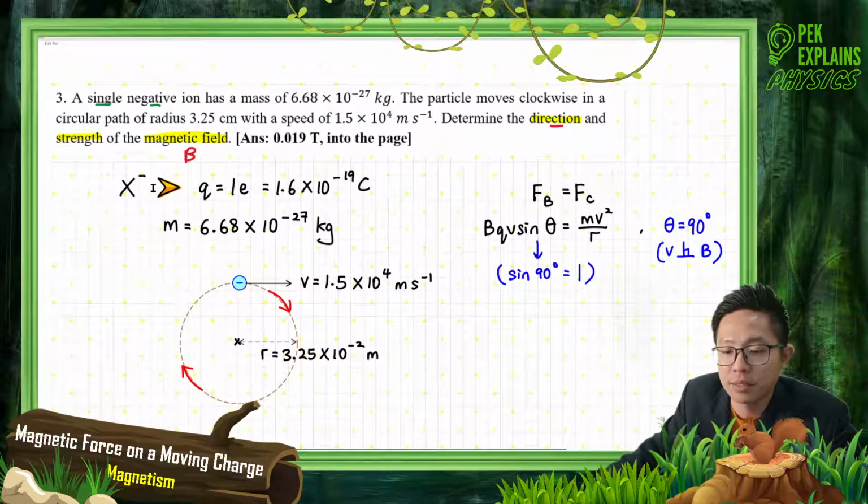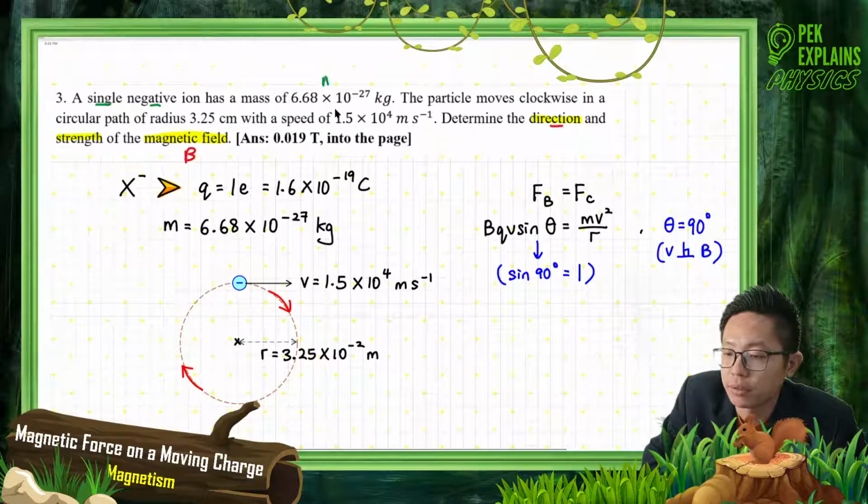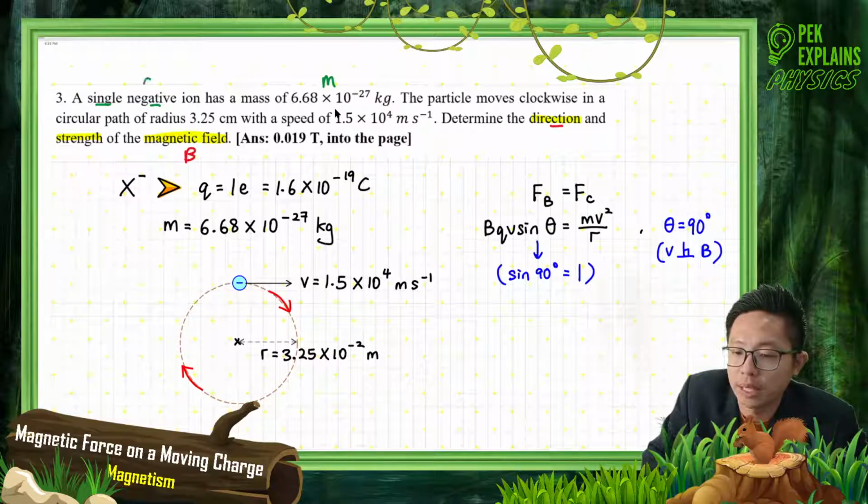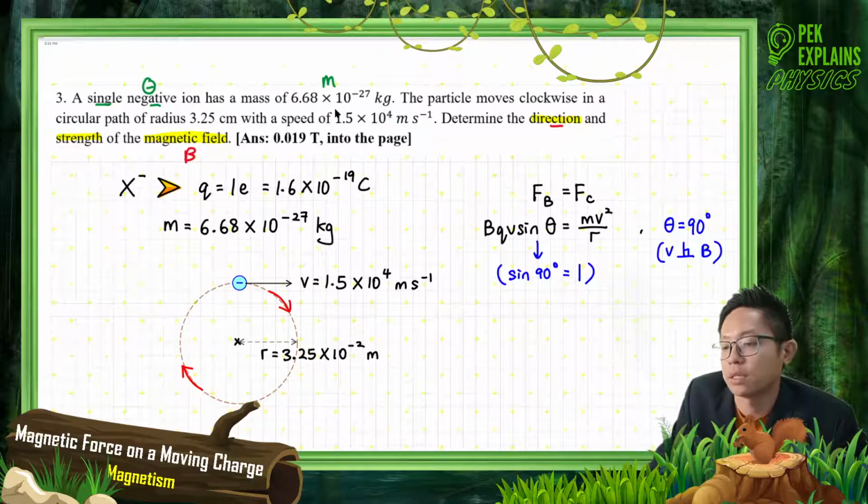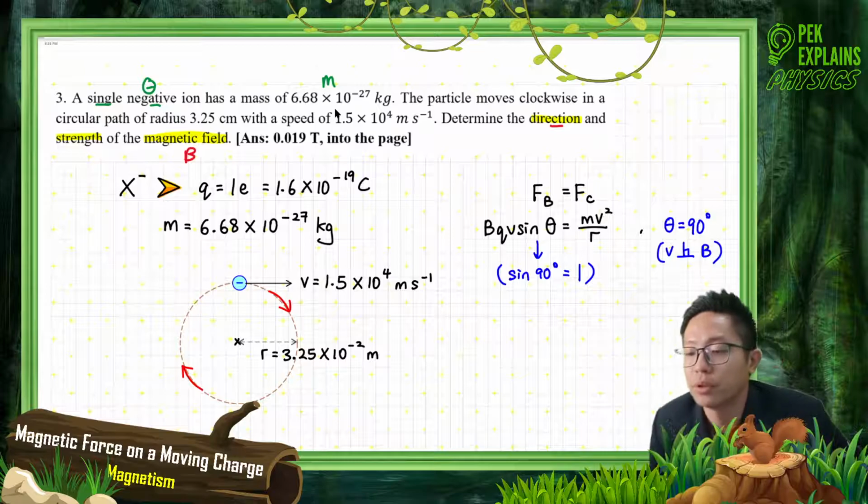Single negative means one negative, so the charge is one electron, 1.6 × 10^-19 coulomb. We already have the charge. And then we have the mass also, given here. And it's a negative charge.